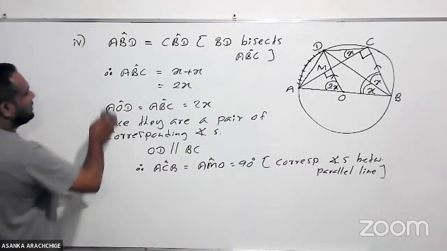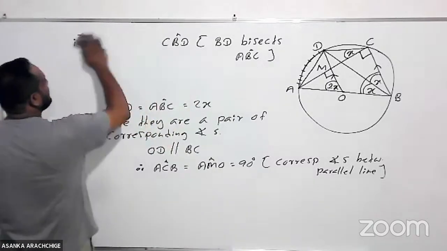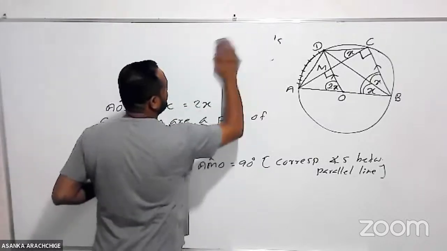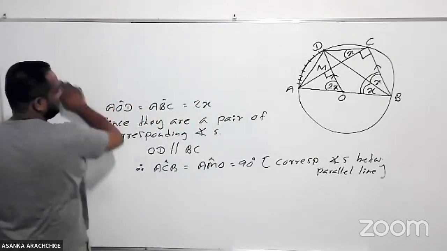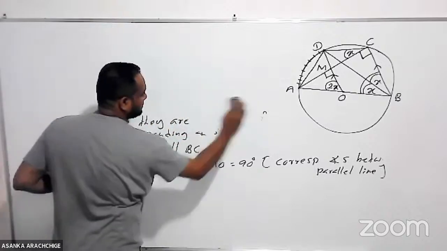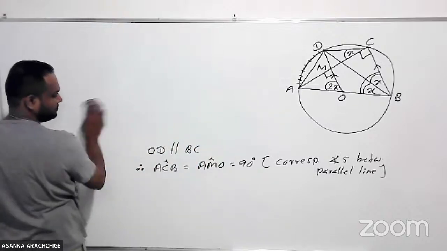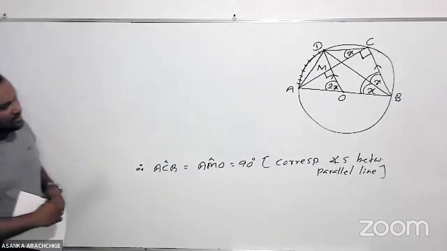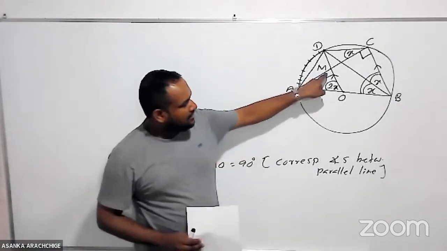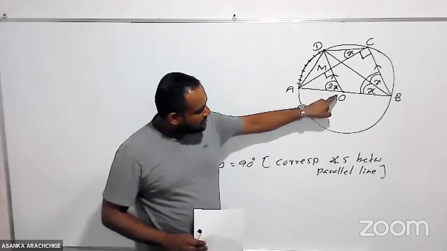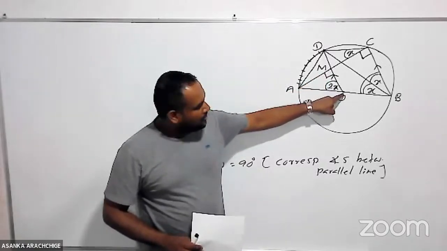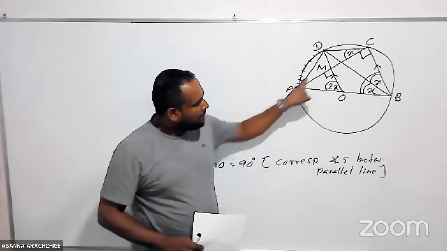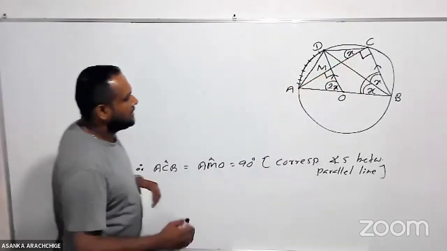Right. Now, how can we prove the asking point? Look at this. If this is a right angle, and this is the center O, OM is perpendicular to the chord AC.